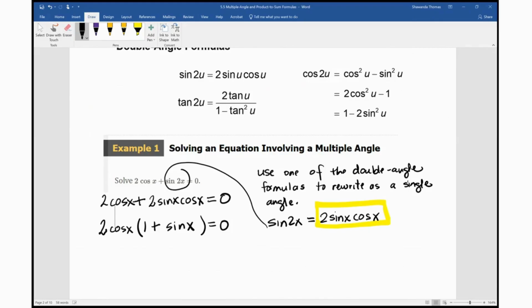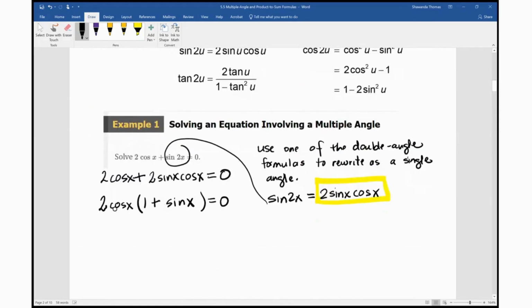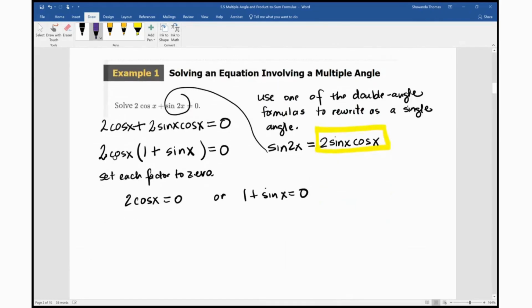So anytime we factor completely, now we set each factor to 0. So we're going to set 2 cosine x equals 0, and 1 plus sine x equals 0. Over here, we can divide by 2 to get rid of the 2. Then we say cosine x equals 0.